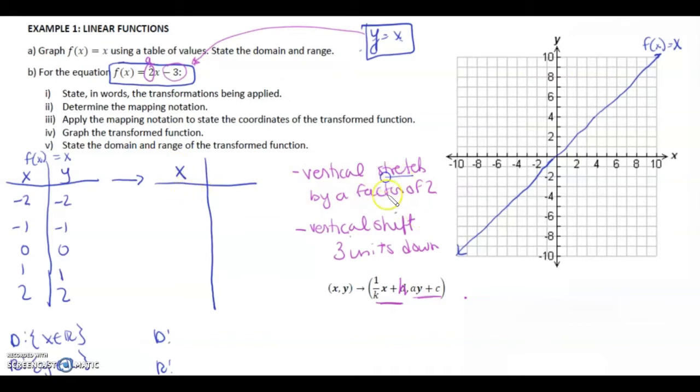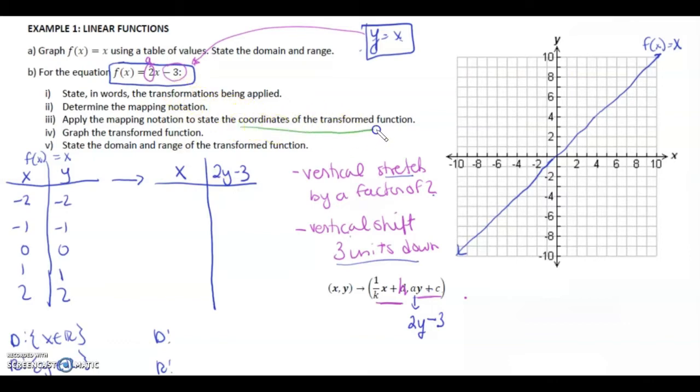Now, when we stretch something by a factor of 2, that's in the a position, so we would have 2y, and then it's down 3 units, which is plus c, so it's -3. So this is going to be 2y minus 3. So this right here, (x, 2y minus 3), that's fine for your mapping. You can put that right into a chart. Okay, so that's the mapping.